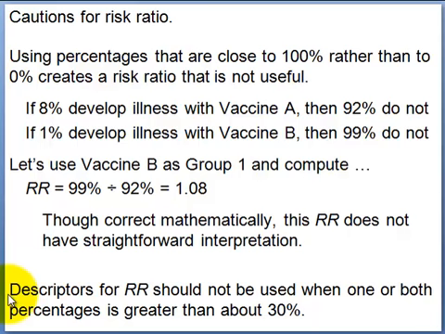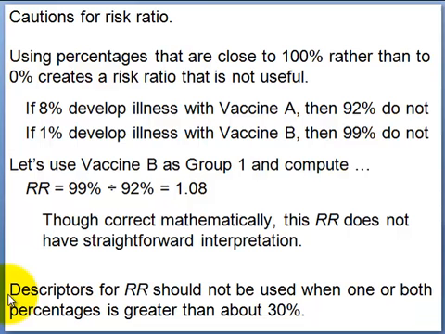A final note, and we'll get into this in the next chapter, is that sometimes you have a mixed bag of percentages. You might have 6% in one group versus 50% in another group. I don't recommend using risk ratio when one or both percentages is greater than about 30.